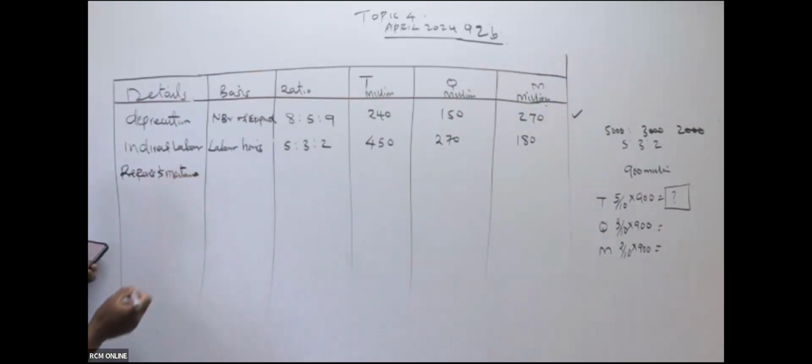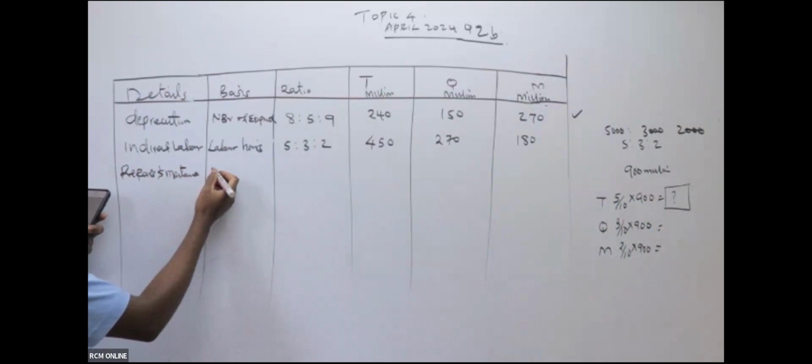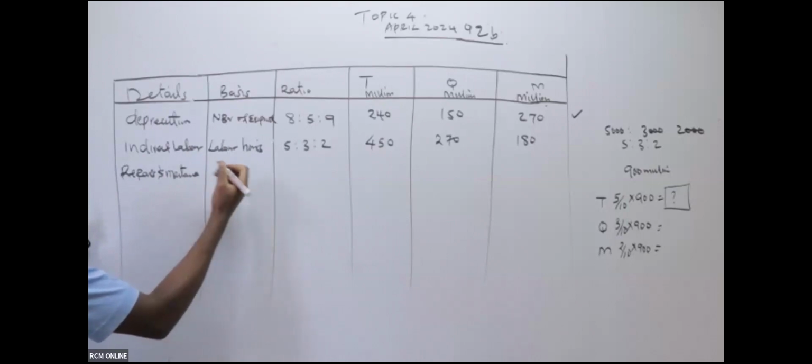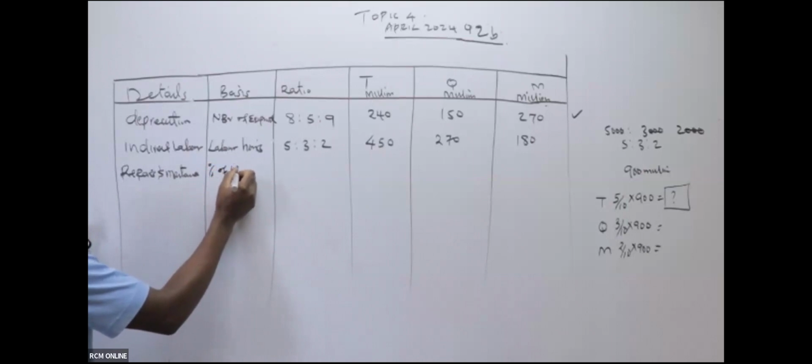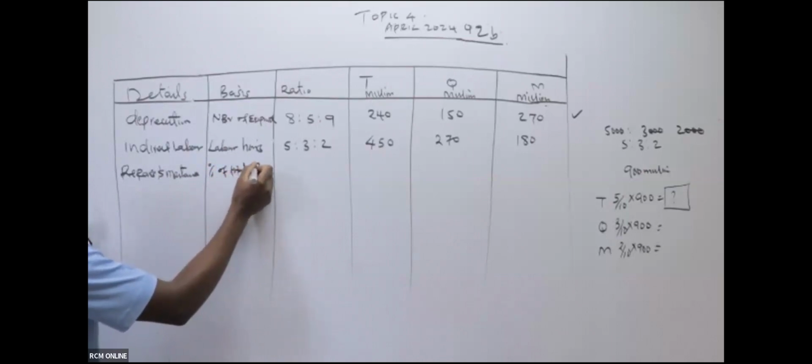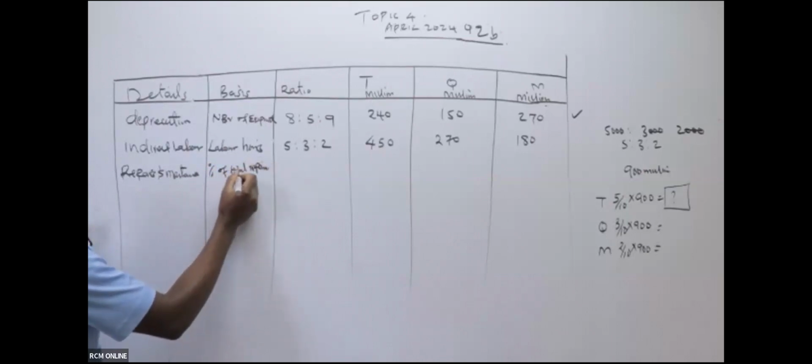Repairs and maintenance is supposed to be distributed based on 30% to T, 50, and 20, right? So that is of the total cost, right? So you can put the percentage of total repair cost.